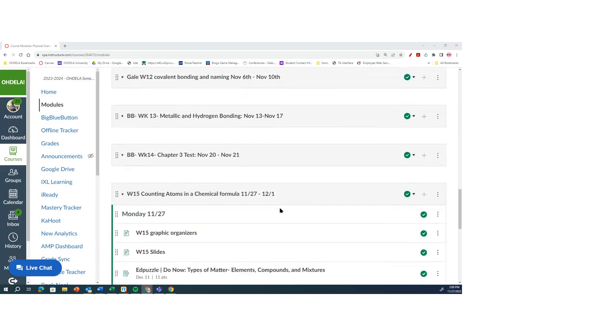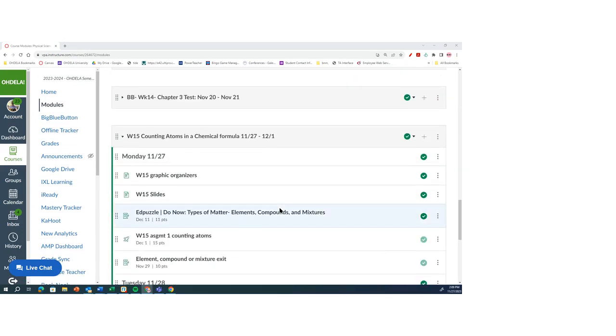So we have 3 weeks left, January 11th. Okay, so you can see week 15 is about counting atoms in a chemical formula, right? So this is where people have some struggles and they struggle with understanding what a chemical formula looks like. And so we're going to try to do this in terms of some pictures.